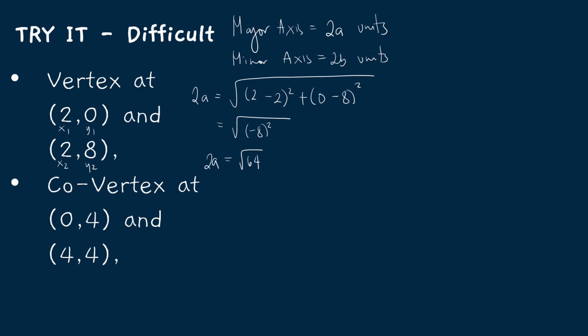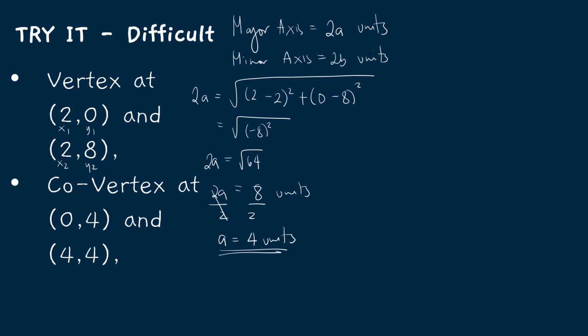The square root of 64 is 8, and therefore the length of the major axis is 8 units. But we need the value of a, so divide both sides by 2, and a is equal to 4 units.